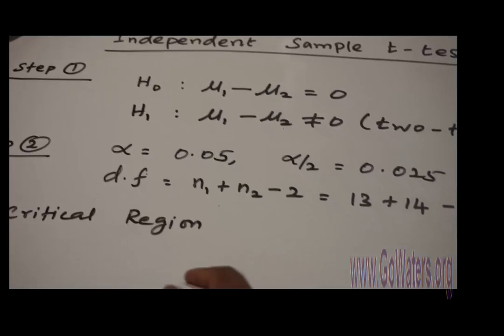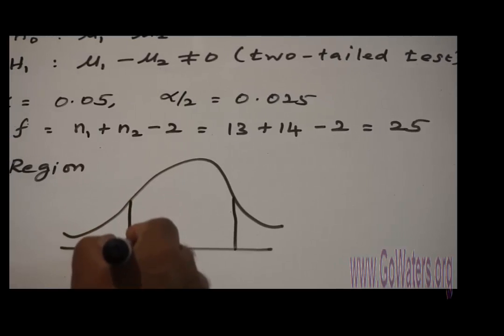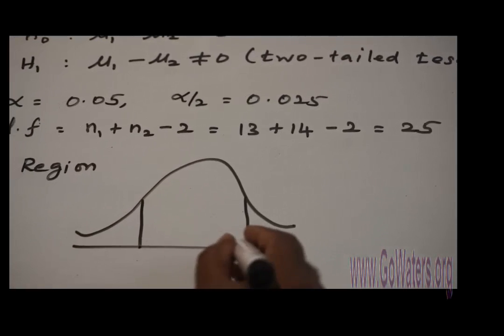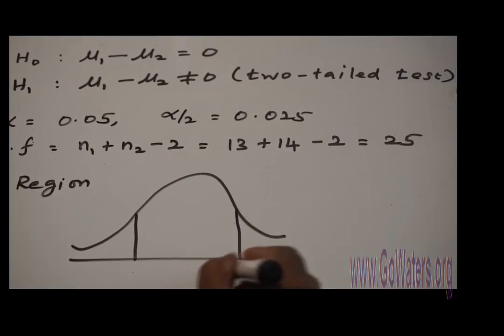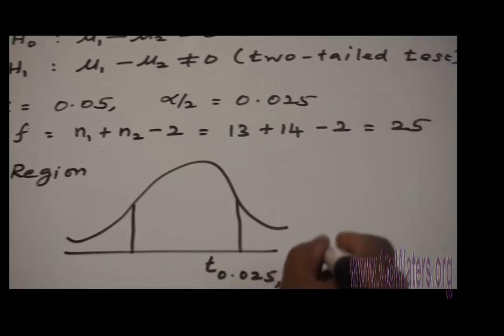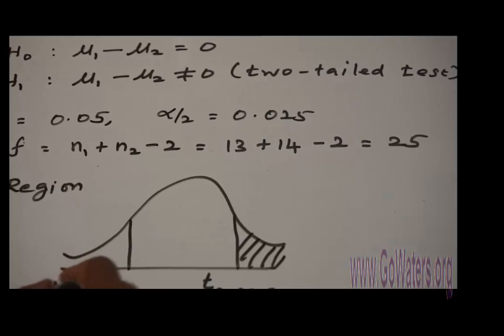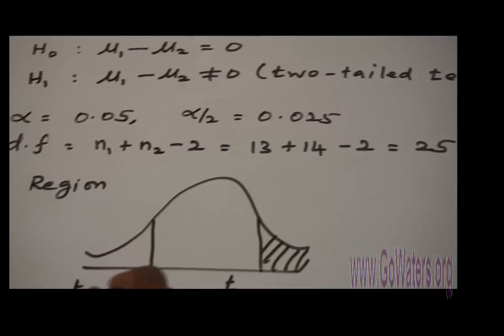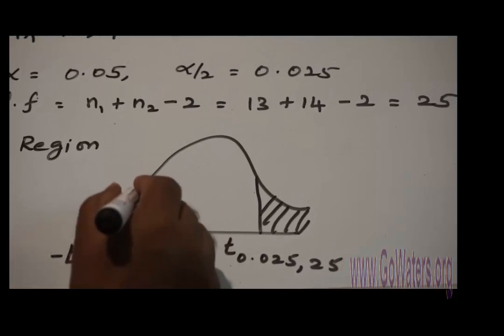The critical region is for the two-tailed test, so here you use alpha by 2. So t at 0.025 comma degrees of freedom 25 is this area, and here it is negative t 0.025 comma 25.